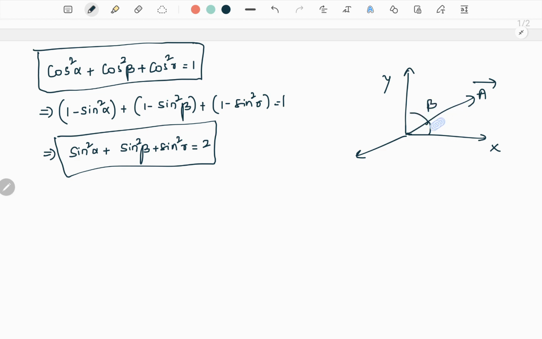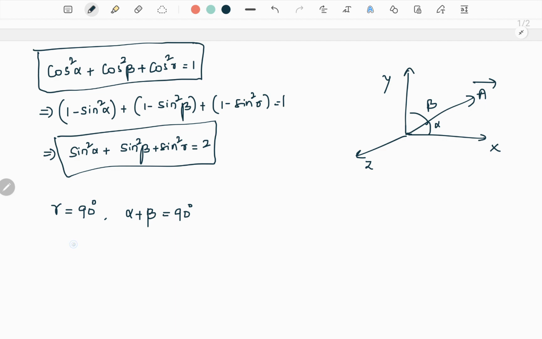Since it's in the xy plane, the angle made by it with the z-axis would definitely be 90 degrees, because the z-axis is perpendicular to the xy plane, and hence perpendicular to a bar as well. So in such a scenario, gamma would be 90 degrees. And next, the sum of alpha and beta would also be 90 degrees.